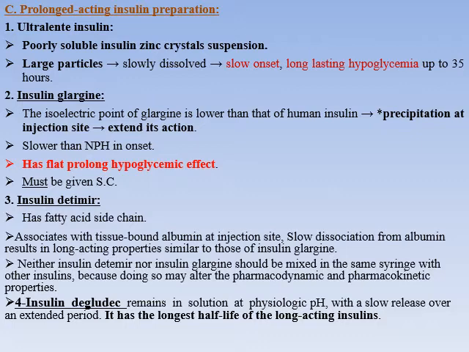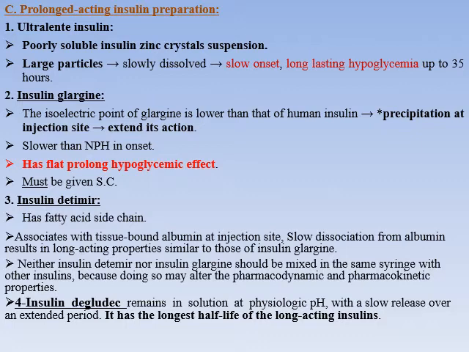Insulin glargine forms a precipitate at the site of injection and will liberate gradually, so it has a longer duration of action. It has a flat, prolonged hypoglycemic effect given subcutaneously.